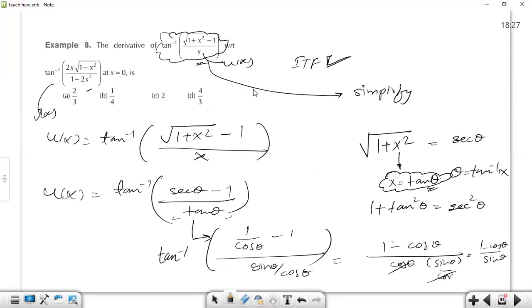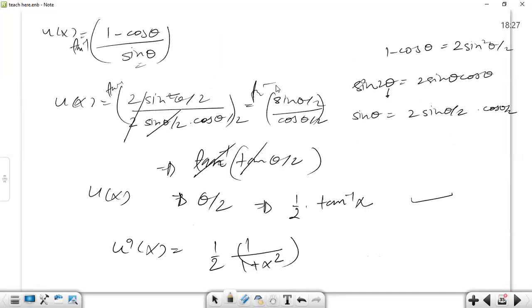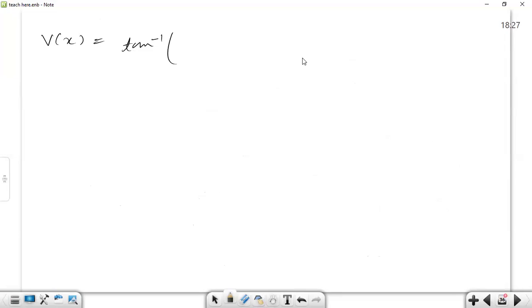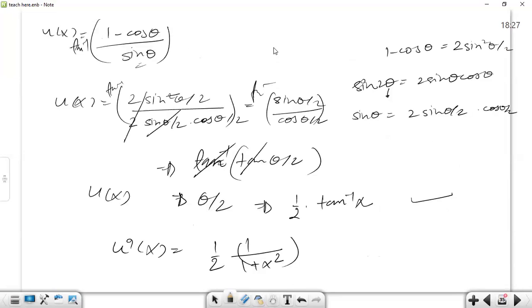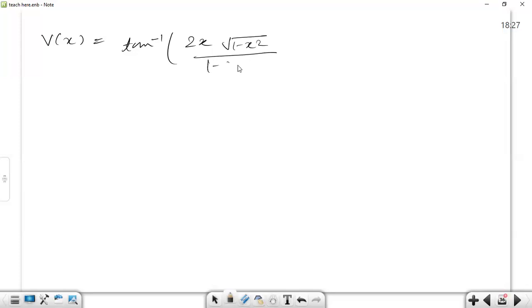So v of x is tan inverse of 2x root of 1 minus x square on 1 minus 2x square. Okay. So here we can see there's a square root of 1 minus x square.